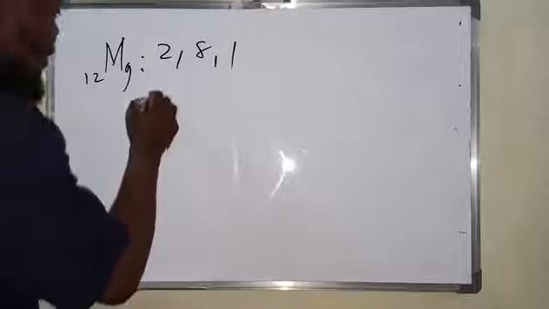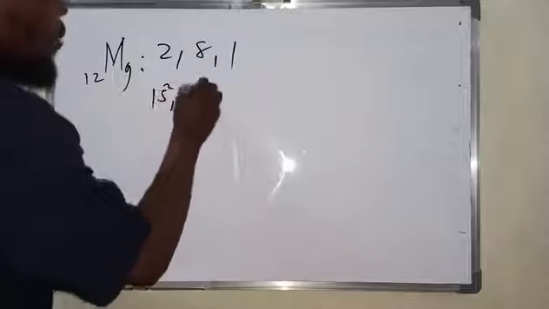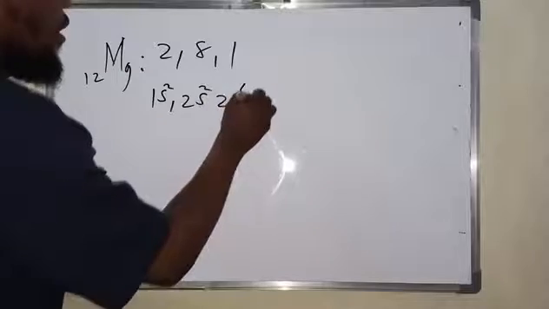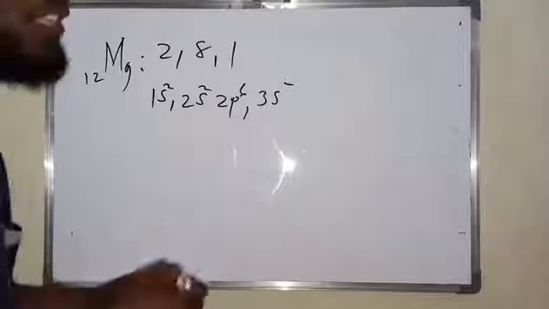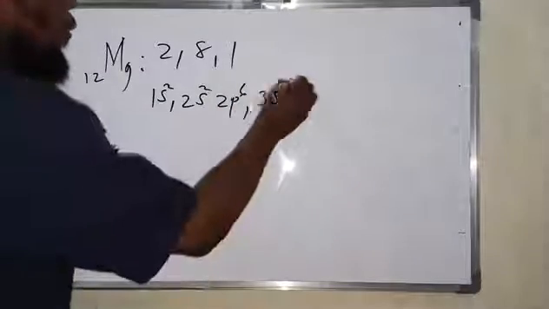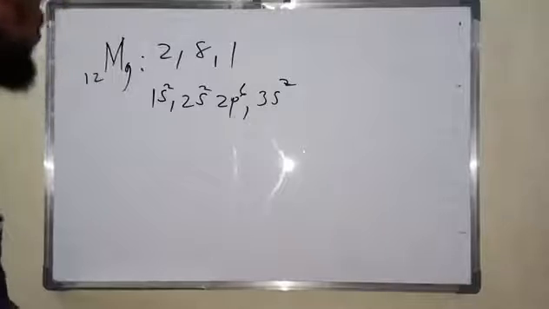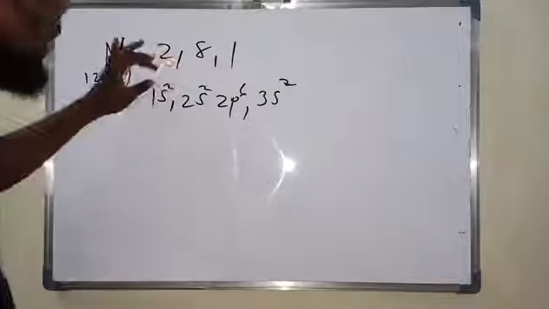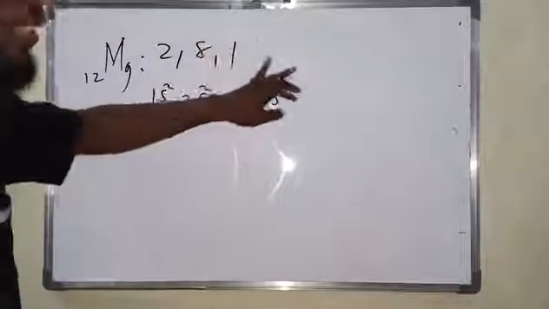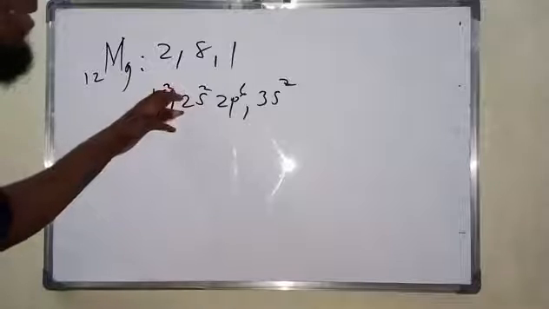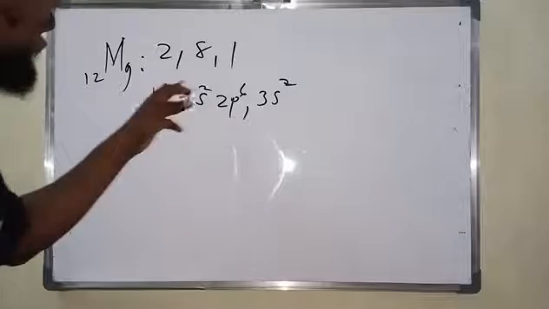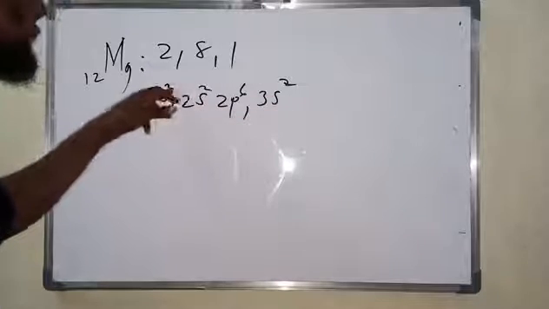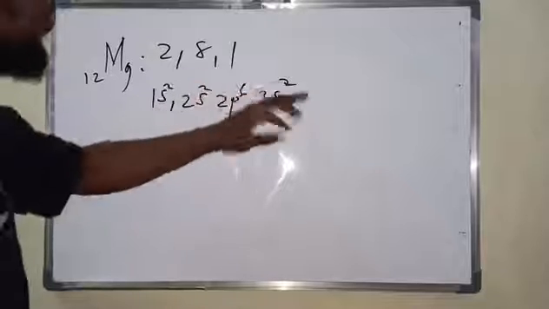It can also be written as 1s2, 2s2, 2p6, 3s2, using the SPDF form. The exponents, the power of each orbital, give you the electrons. In total, 2 plus 2 plus 6 plus 2 is 12.